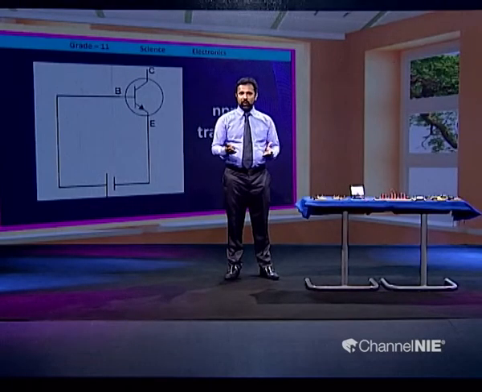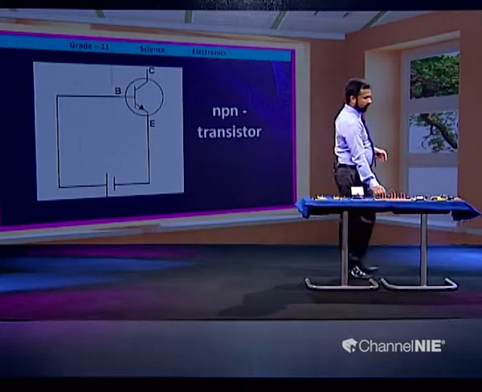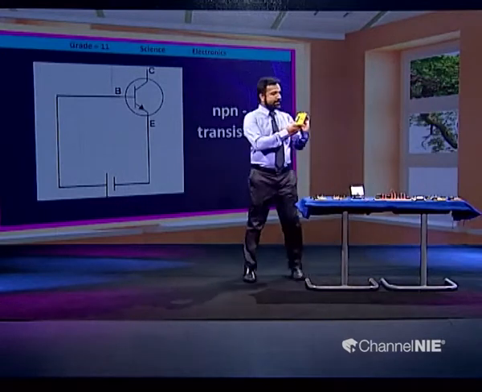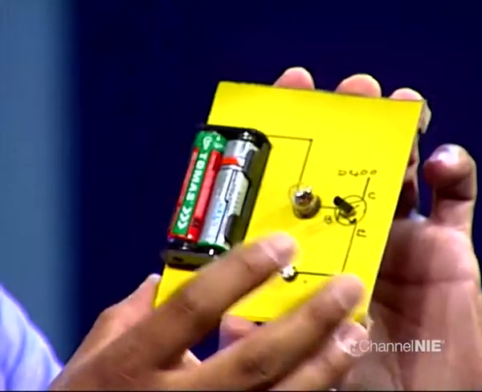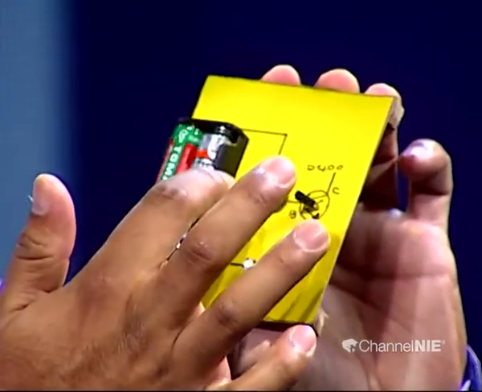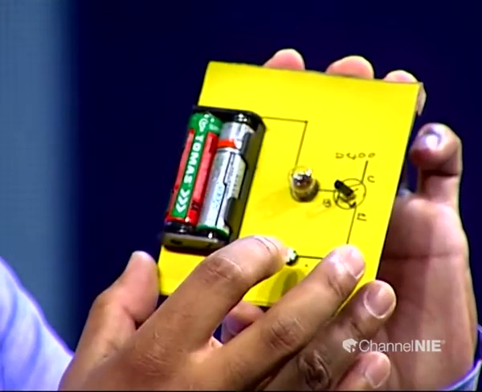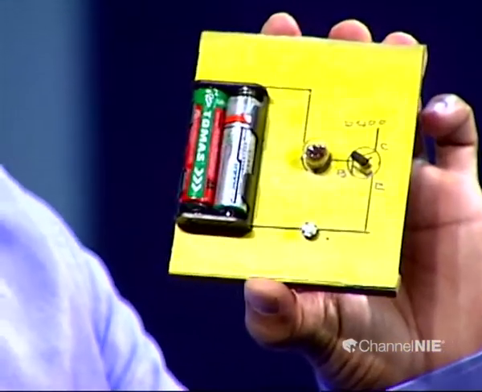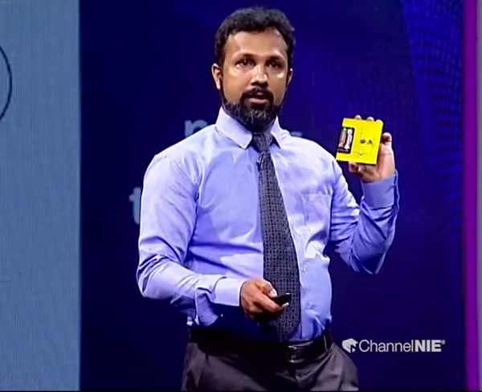Now I am going to show you the input circuit of the Npn transistor. As you can see in the input circuit, two dry cells are there. Dry cells are connected to the bulb and the transistor. I have given a switch also. This is the input circuit. You can see the structure of the input circuit in the slide.